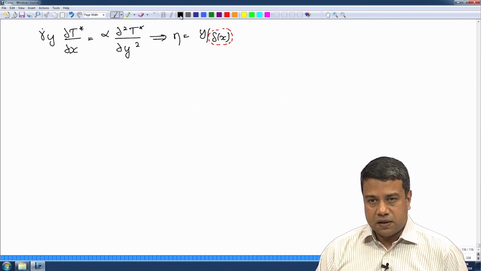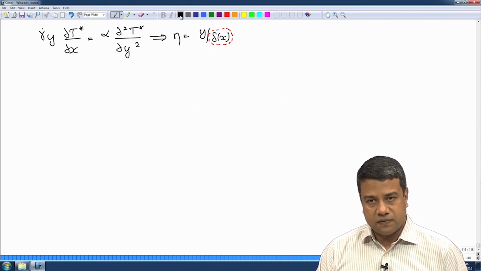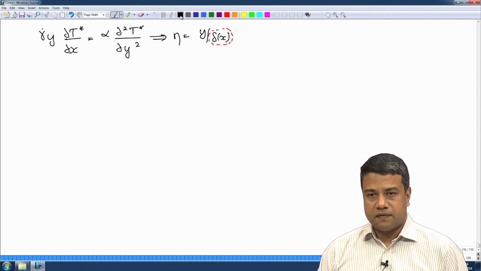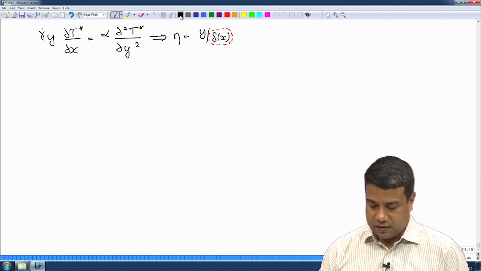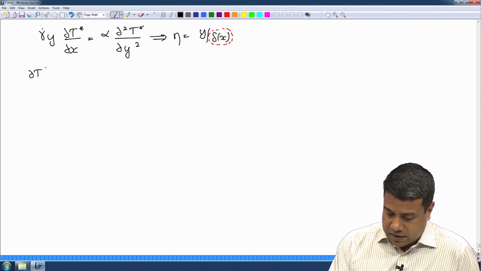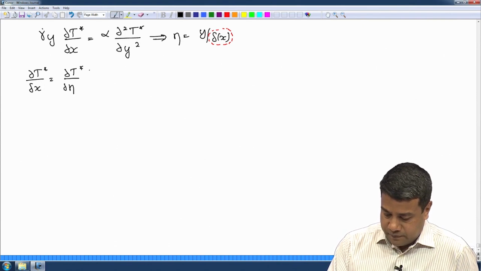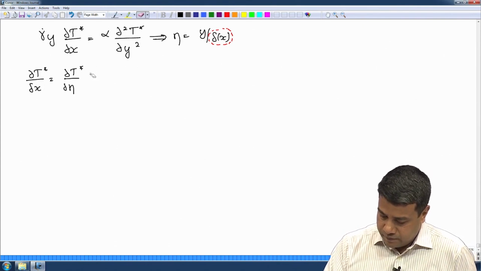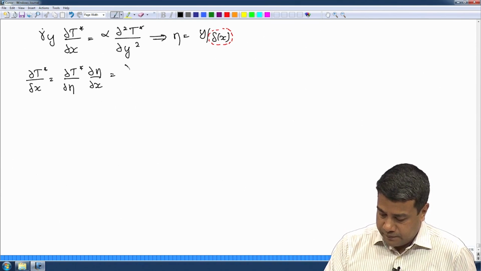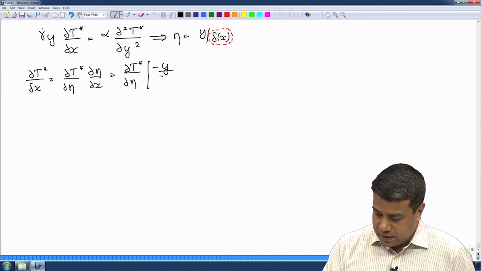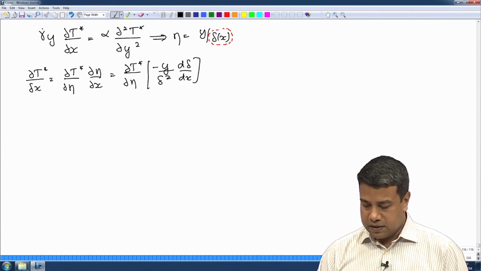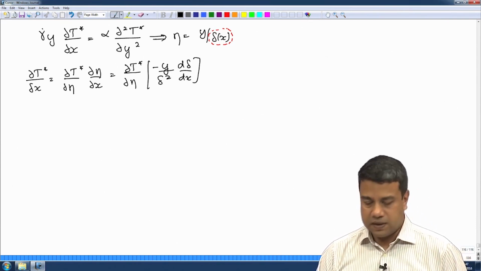Now, both the temperature as a function of x and as a function of y, I need to express in terms of this function eta. So, partial T star by partial x is minus y by delta square d delta by dx, just differentiating by chain rule with respect to x.